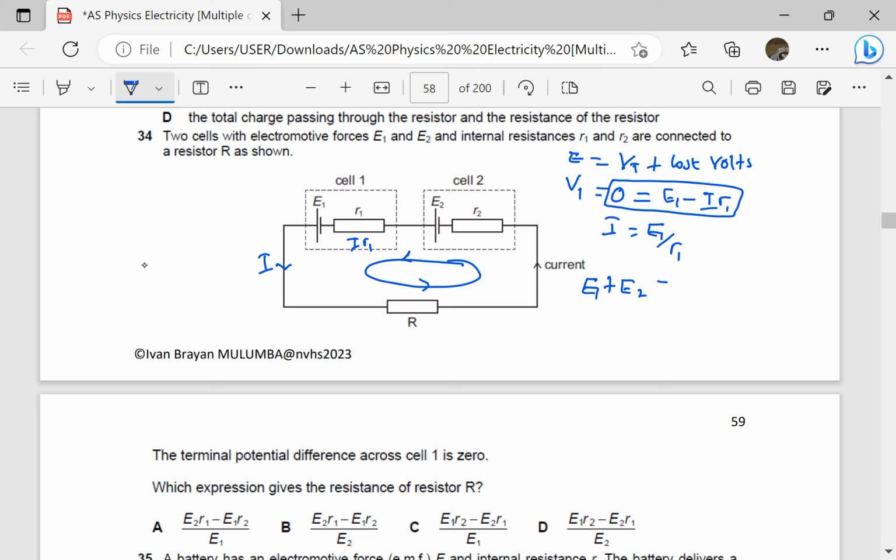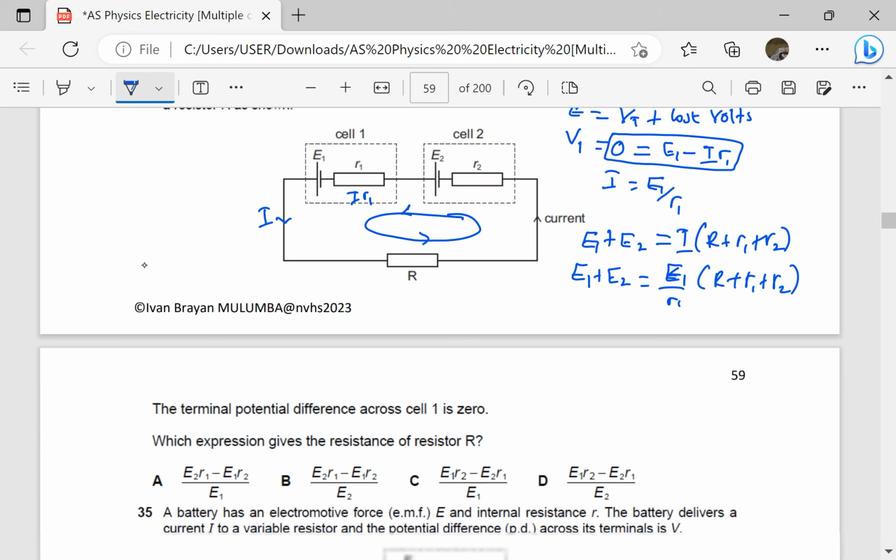The sum of PDs will be the current I times the total resistances, which will be R plus r1 plus r2. But note that I is E1 over r1, so it means E1 plus E2 will be equal to E1 over r1 times R plus r1 plus r2.